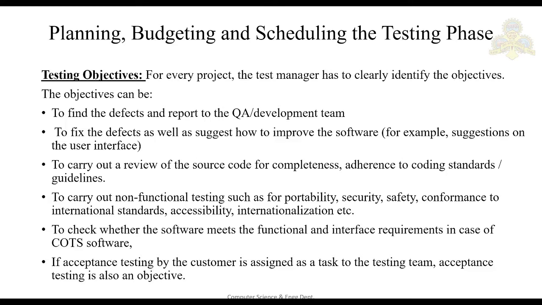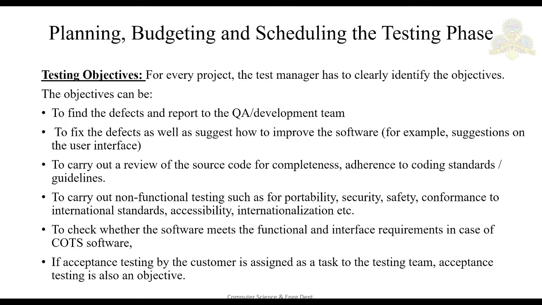Like if you have a GUI, what improvements can be done to your GUI, that can be one objective. Or to check whether the software meets your functional and interface requirements in case you have COTS software. And if acceptance testing is done by the customer, you have to check whether the task which will be assigned to the testing team.